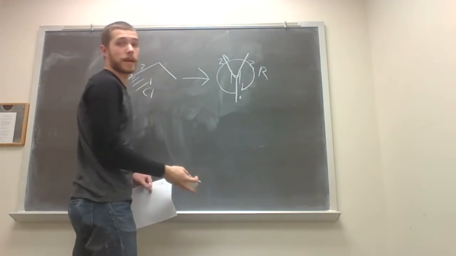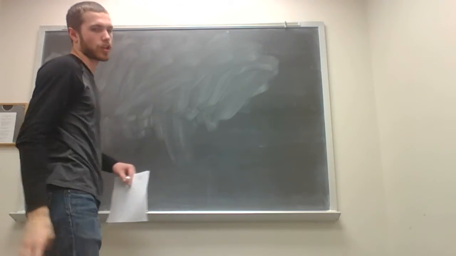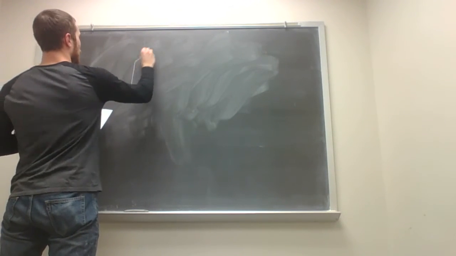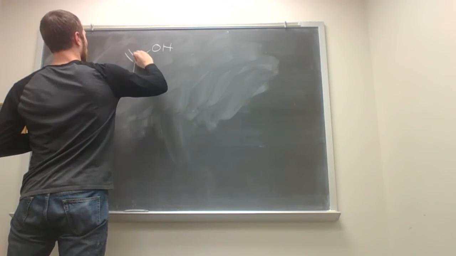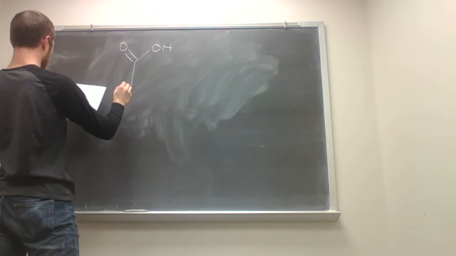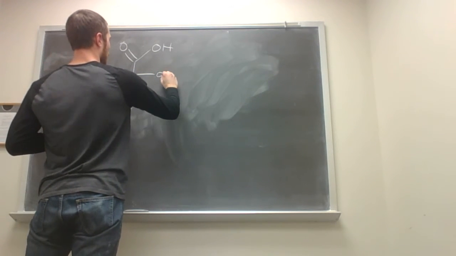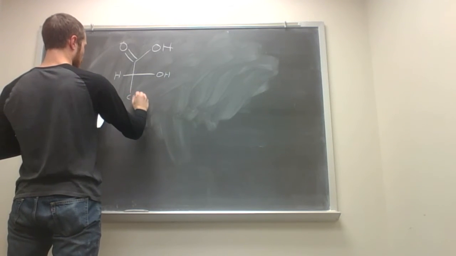The place where this method especially helps is when you're doing Fischer projections. Fischer projections are extremely easy to do when you're drawing them this way. So take a Fischer projection problem like this. Let's see, OH group here, O, and then H, OH, and then CH.